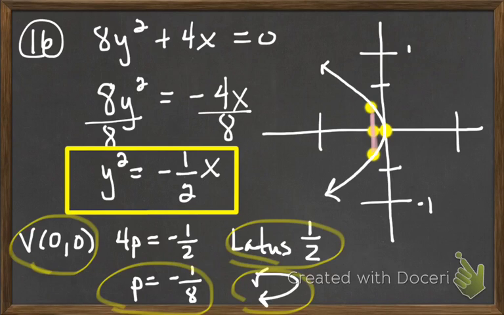What might you want to do with this graph that we didn't have to do for the other two? You might want to scale it. Because what did the p-value come out to be? -1/8. So the vertex was (0, 0). The p-value came out to be -1/8, so you had to travel just a little bit to the left.